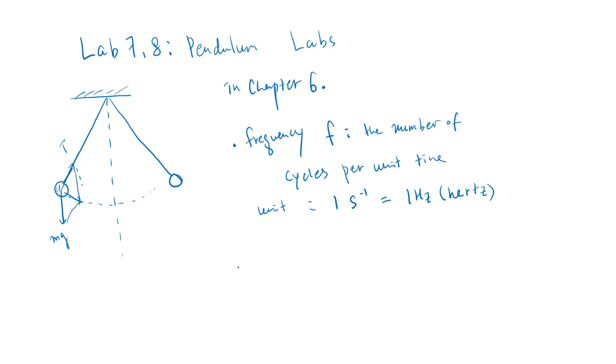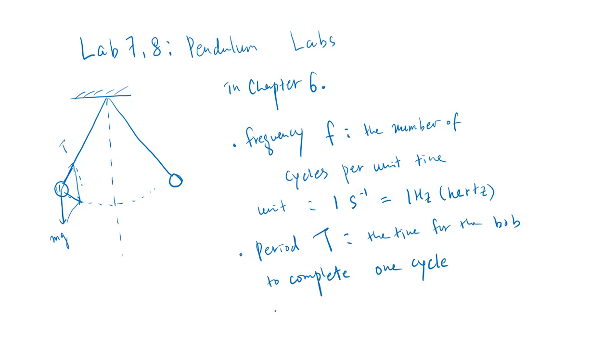And also the period, usually written as T. The period is the time for the bob to complete one cycle.